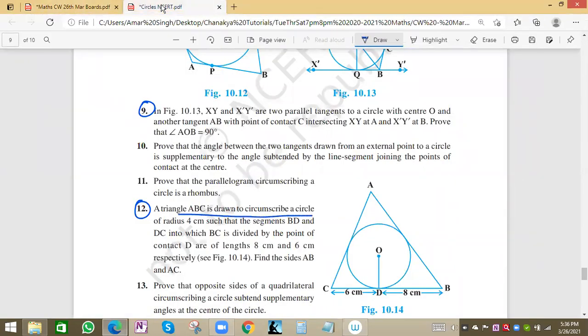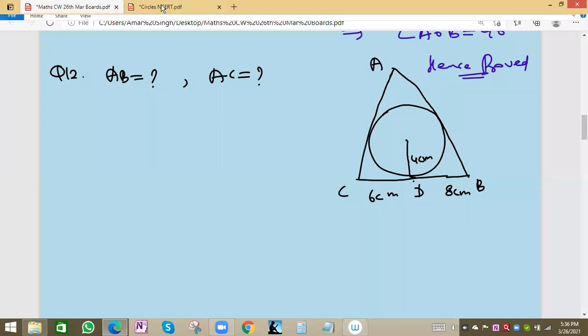Triangle ABC is drawn to circumscribe, means the triangle will be outside this circle, and if it is inscribed then the circle will be outside, the triangle will be inside. Radius 4 such that BC is divided at D into 8 and 6. Find the sides AB and AC. Correct. So AB and AC we have to find, what will be the value.